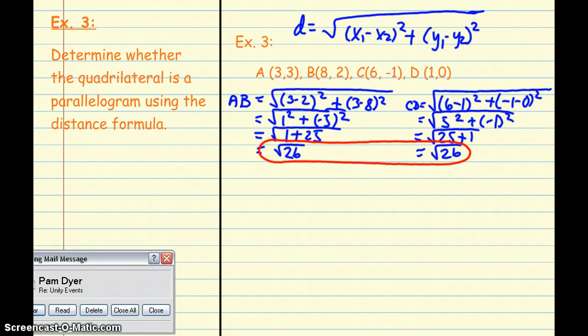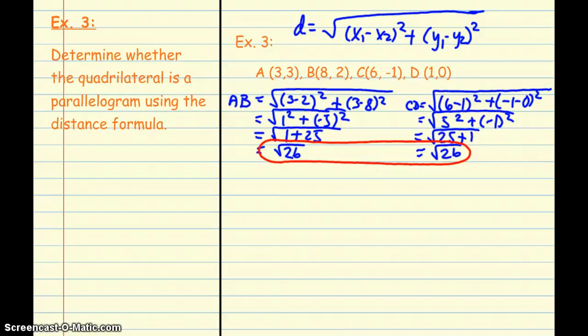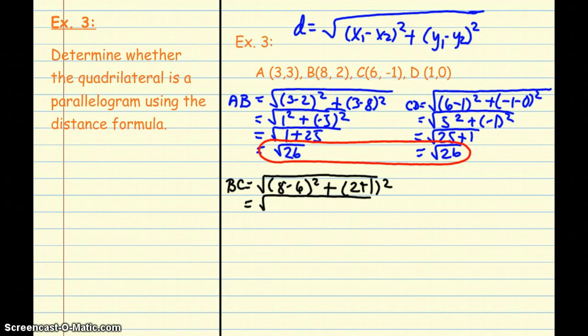Now, if this is going to be a parallelogram, side BC and side DA will have the same measurements as well. So let's take a look. I'm going to choose to do 8 minus 6 quantity squared plus 2 minus the negative 1, which is 2 plus 1, squared, and I'm going to continue to solve.